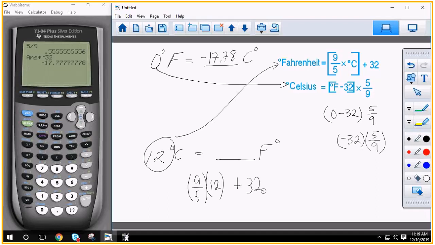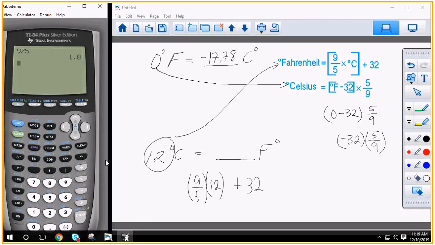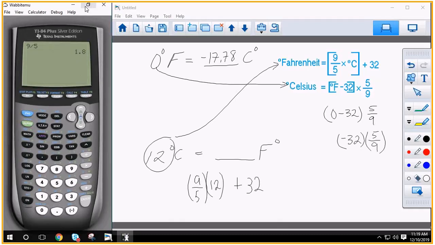So take 9 divided by 5, and I'm going to multiply by 12 and add 32. So 12 degrees Celsius is 56.6 degrees Fahrenheit.